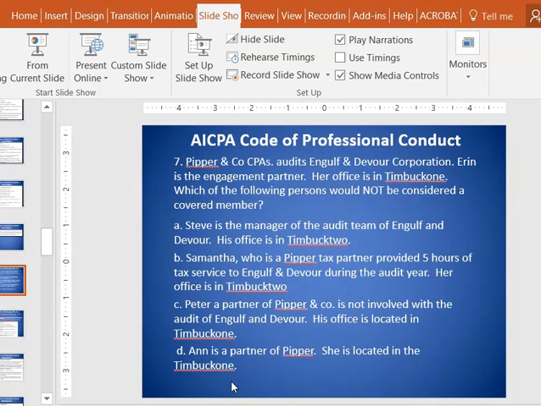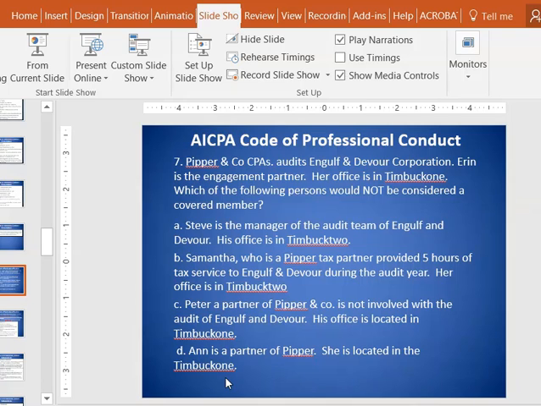Okay, now let's look at question number 7. Pipper and Company CPAs audits Engulf and Devour Corporation. Aaron is the engagement partner, in other words, a partner who's in charge of the audit engagement for Engulf and Devour. Her office is located in the city of Timbuk 1.